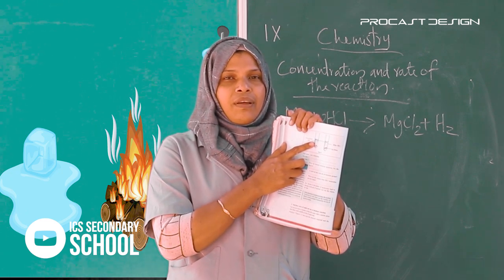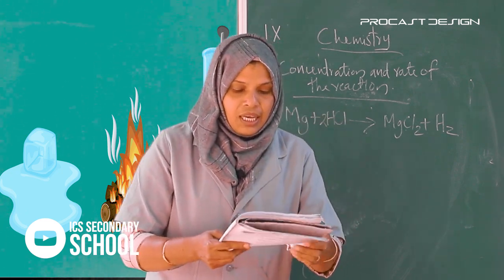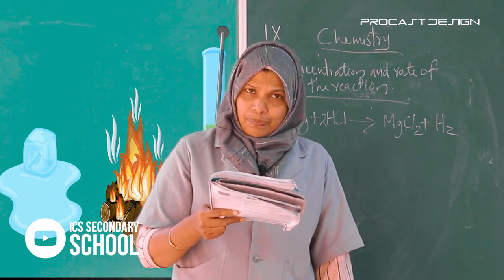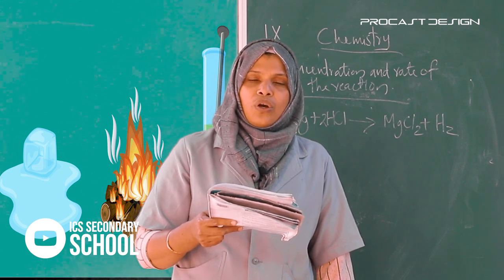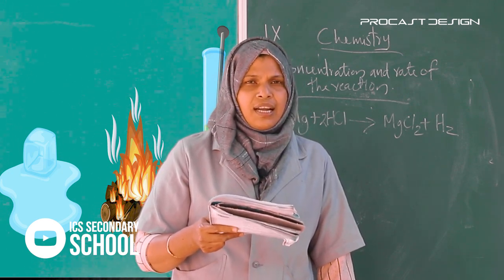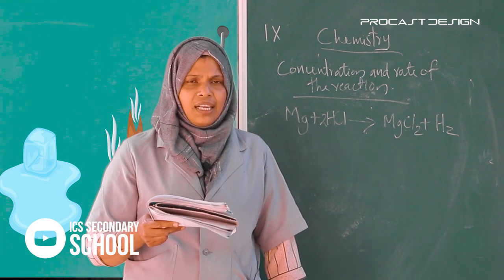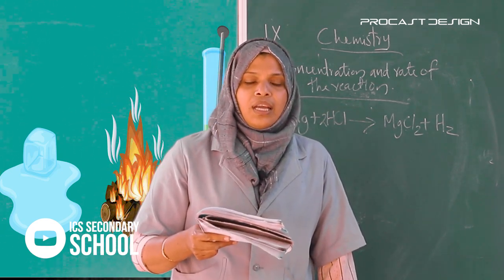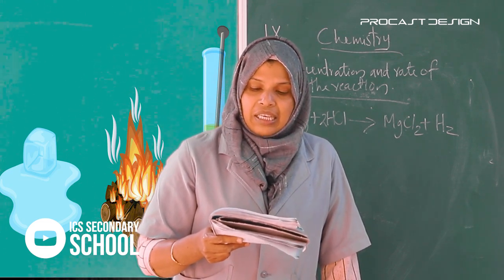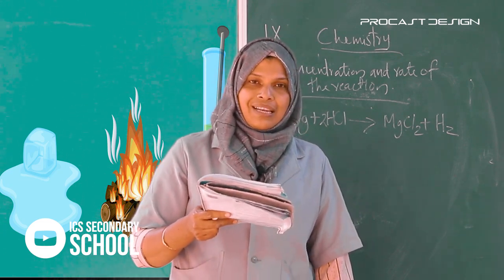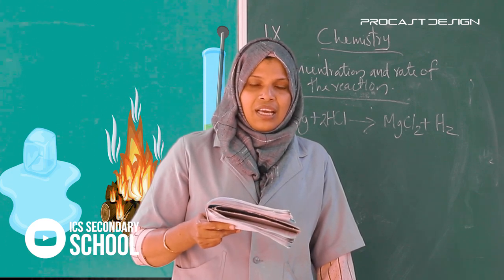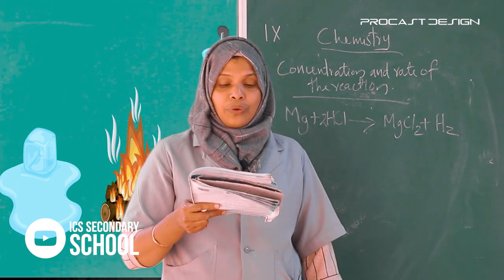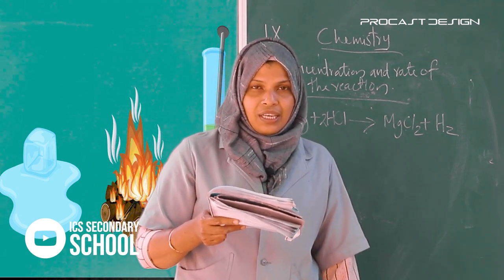That means, listen here, which test tube contains more HCl molecules per unit volume? Concentrated HCl, or test tube 1, contains more HCl per unit volume. Next question: does an increase in the number of molecules lead to an increase in the rate of reaction?